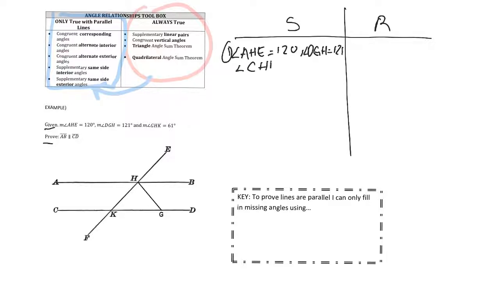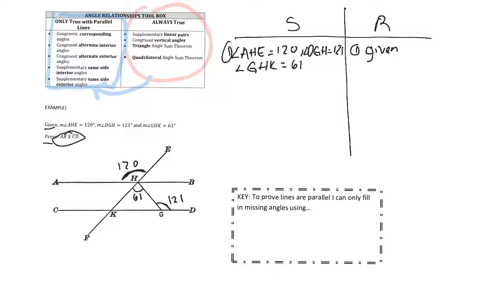Angle GHK equals 61. And that's my given. Then I want to label those on the diagram. So AHG is 120, DGH is 121, and GHK is 61. That's right here.